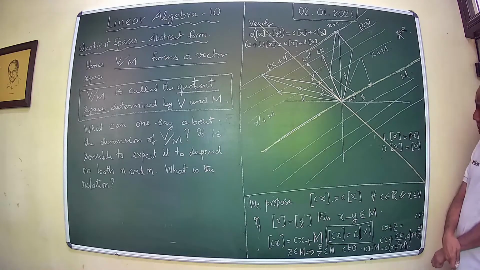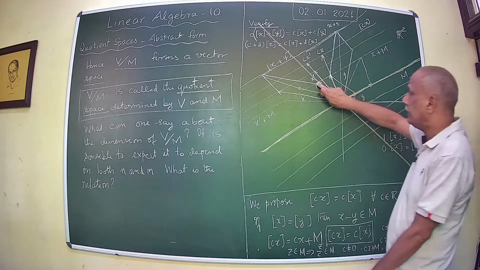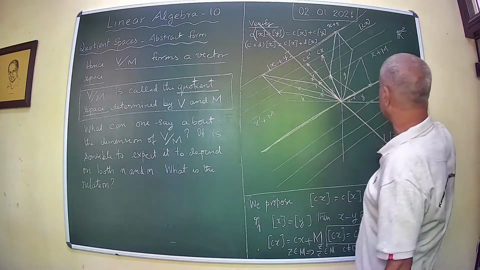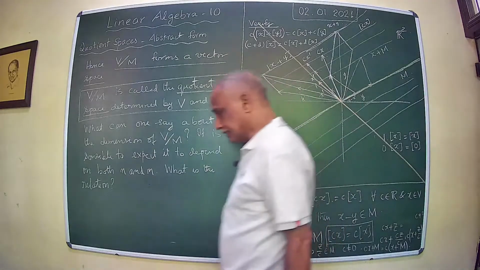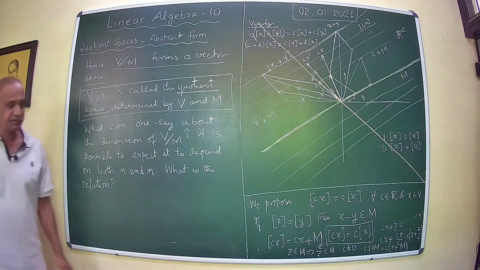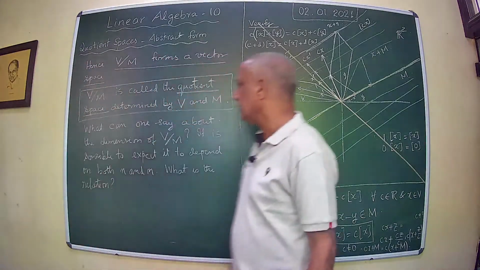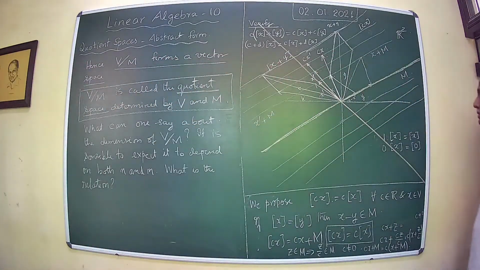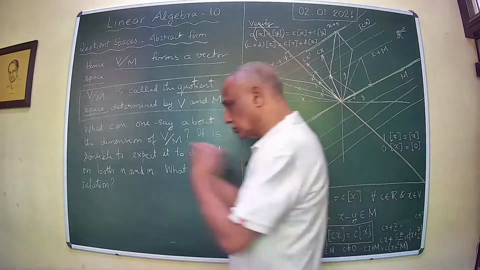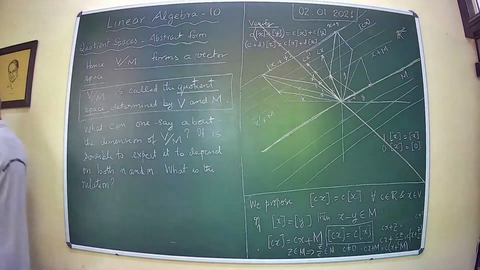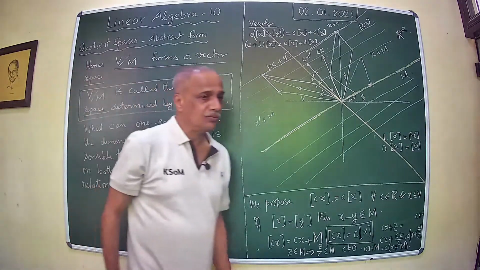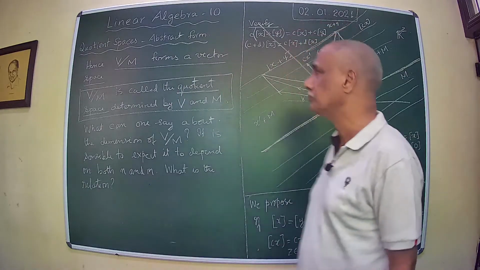Now, one observes that every point on this line intersects a line parallel to the given subspace exactly at one point. Therefore, every one of those elements generates the elements of V by M.